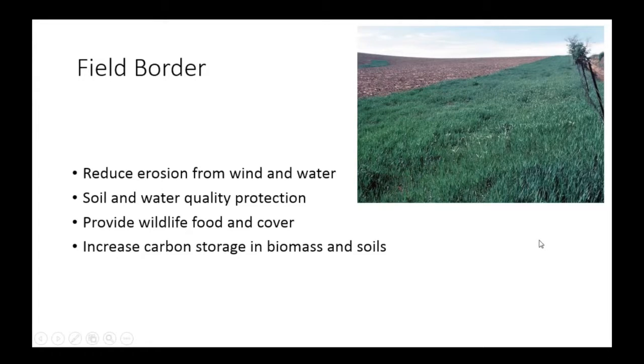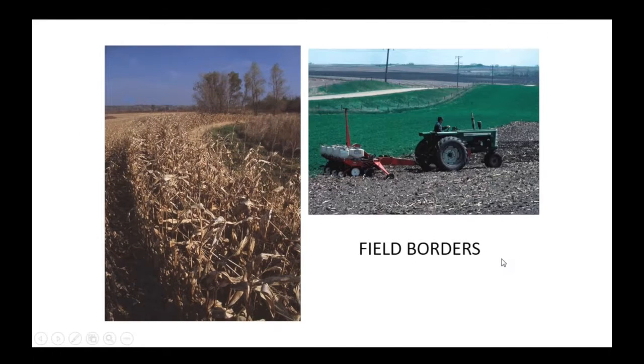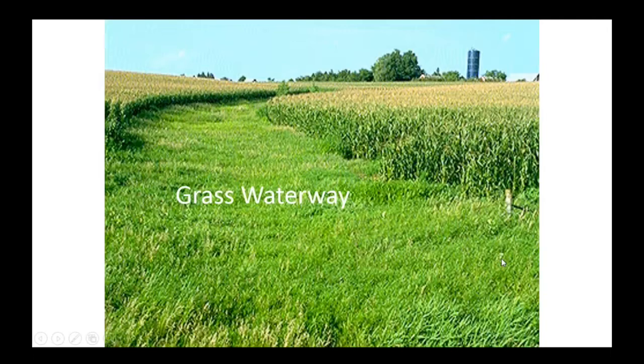So cover crops are great. Field borders, love to see field borders slow that water down before it hits the field or before it runs off the field, trap some nutrients, trap some pesticides. Field borders are an excellent way of doing that.